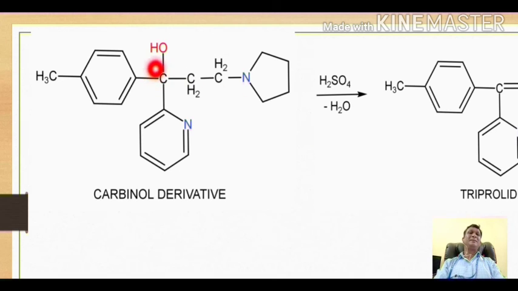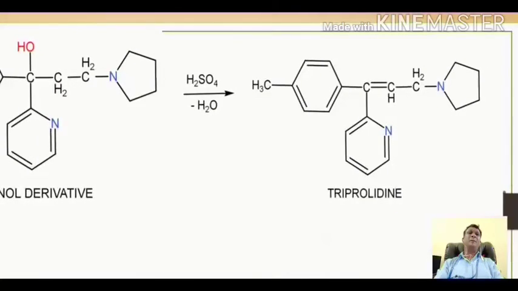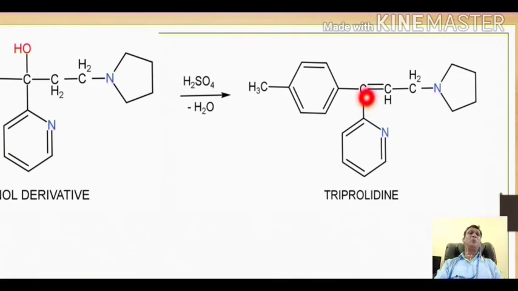So once this liberation takes place, a double bond is generated between this carbon and this carbon. So here we have the generation of this double bond, and with the generation of this double bond we will arrive at the compound triptolidine.